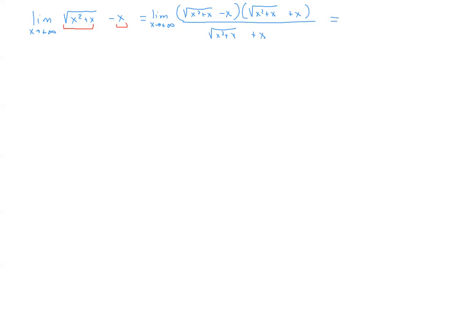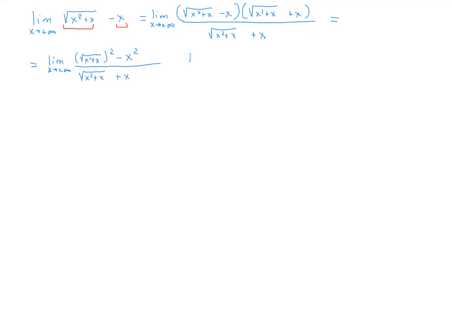And this will give us the limit as x tends to positive infinity of square root of x squared plus x, squared, minus x squared, over square root of x squared plus x, plus x.